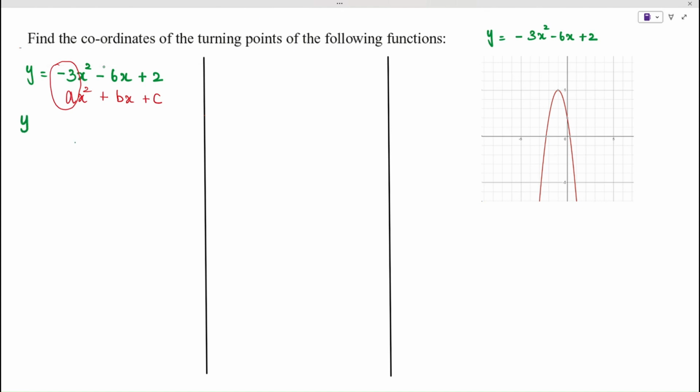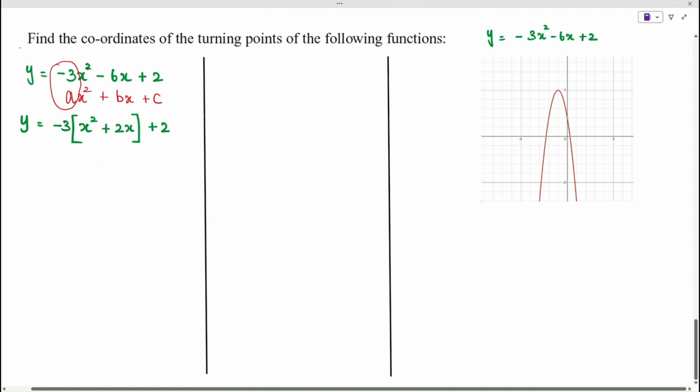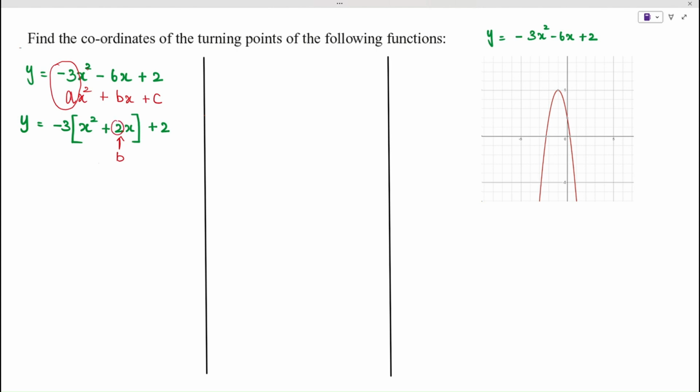So we get y is equal to minus 3, and then square brackets, we can have x squared plus 2x, close our square brackets, we have plus 2. Now we can do our completing the square equation with our coefficient of x, which is 2. So we have b is equal to 2. And so we have our completing the square formula, which is x plus b over 2 the whole squared minus b over 2 the whole squared.